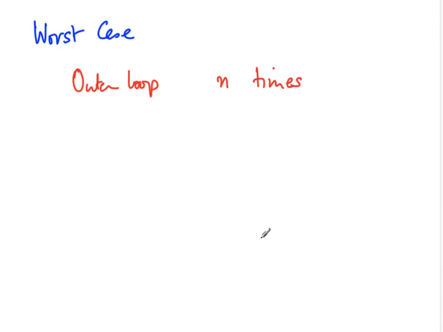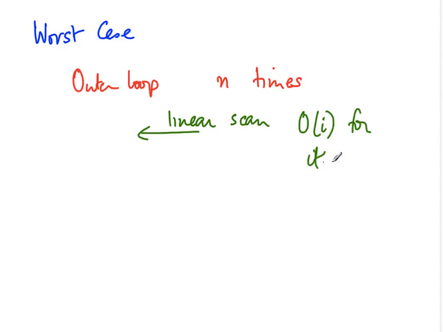So it's not very difficult to analyze the worst case complexity of this. So the outer loop, we do it once for every element in the array, so it's n times, and inside we have to do this linear scan. So this is order i for iteration i.